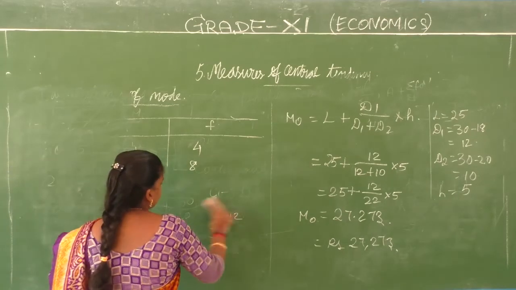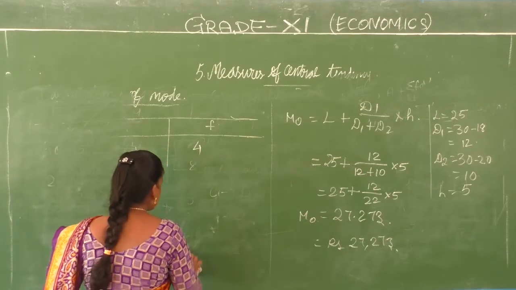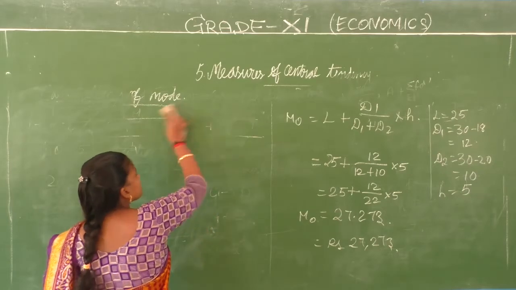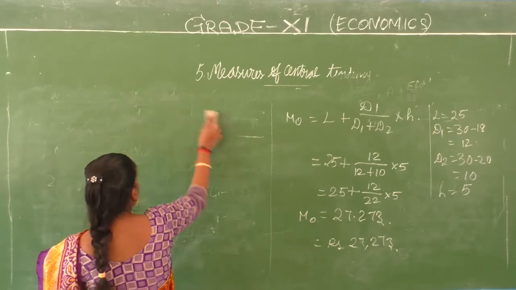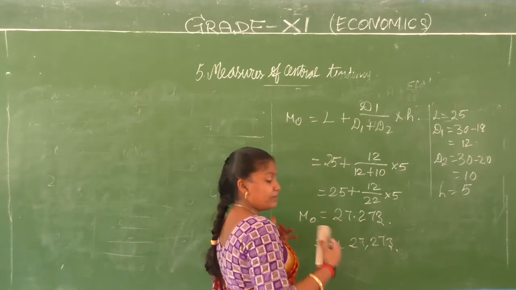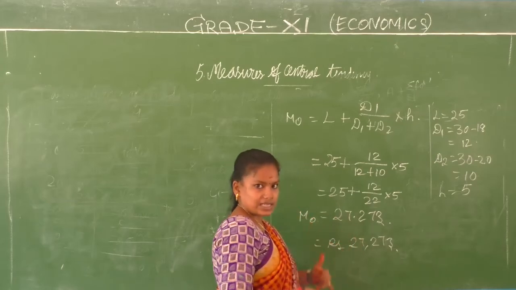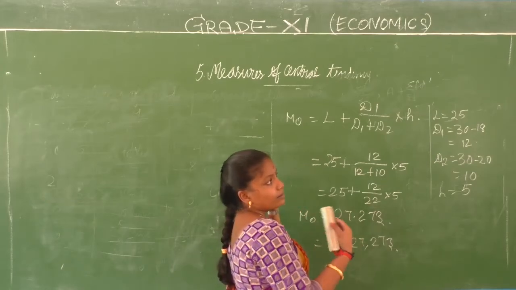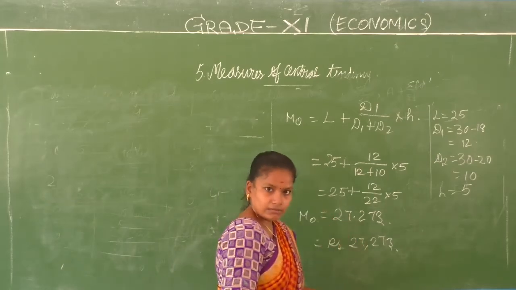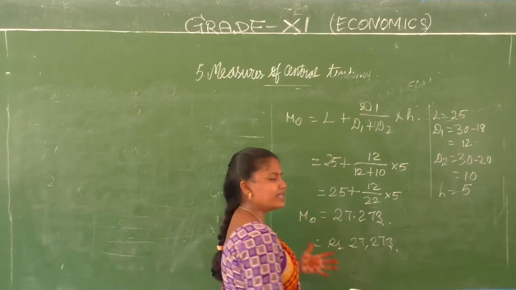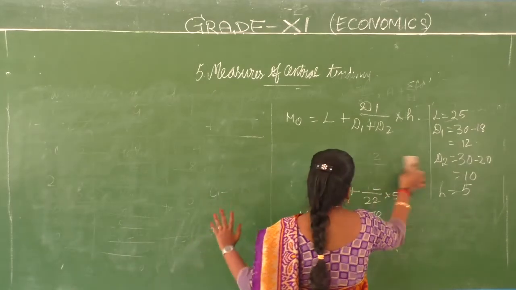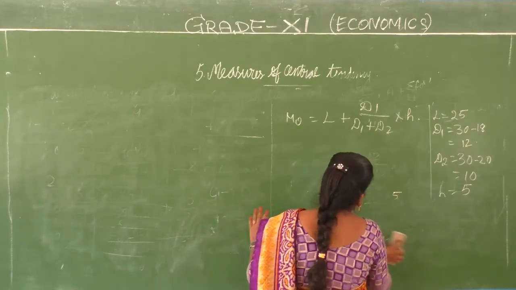Whatever it is, median stays in a central position. That is, it can be mean less than median less than mode, or mean greater than median greater than mode. Two things are applicable.